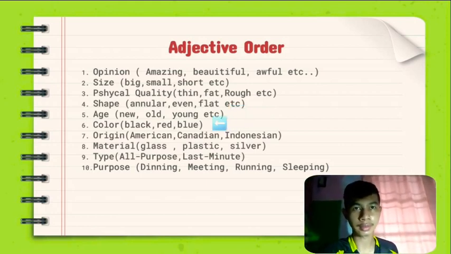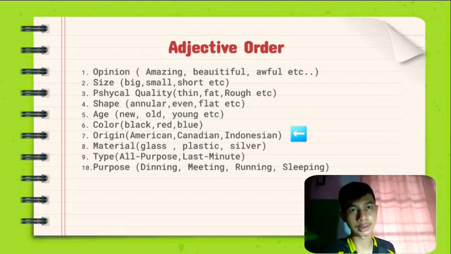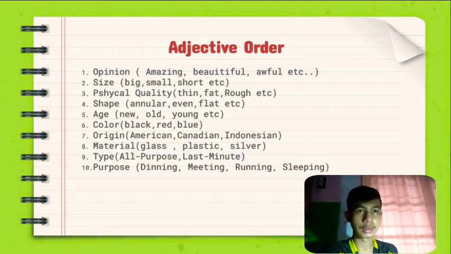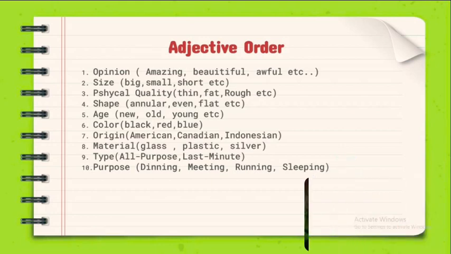Color: black, red, blue. Origin: American, Canadian, Indonesian. Material: glass, plastic, silver. Type: all purpose. And last, purpose: dining, meeting, running, sleeping.